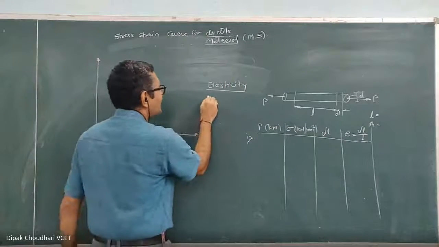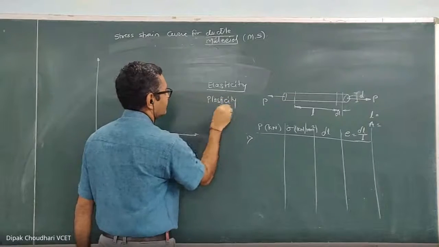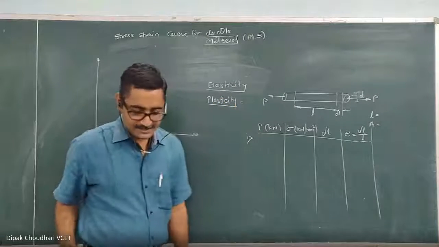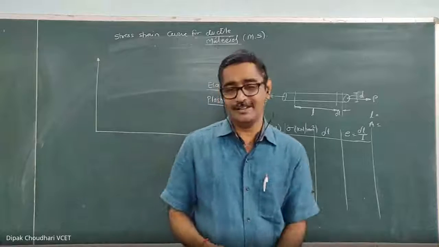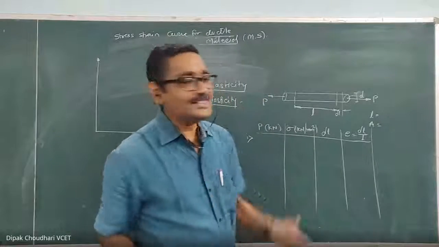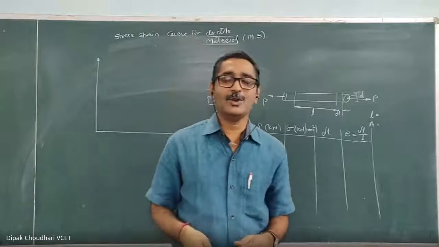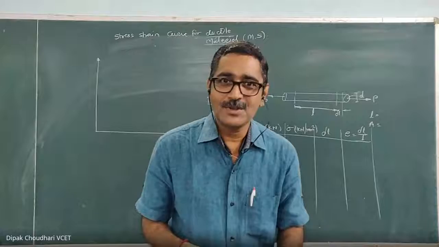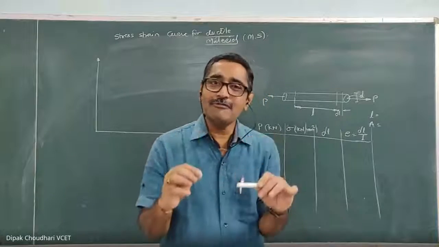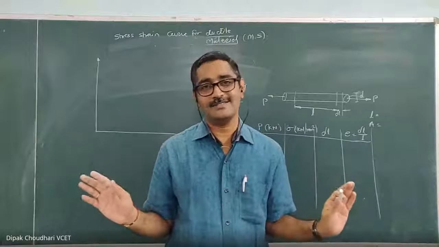The next property is plasticity. The material which possesses this property is commonly known as a plastic material. What is plasticity? It is a property by virtue of which the material does not regain its original shape and size.